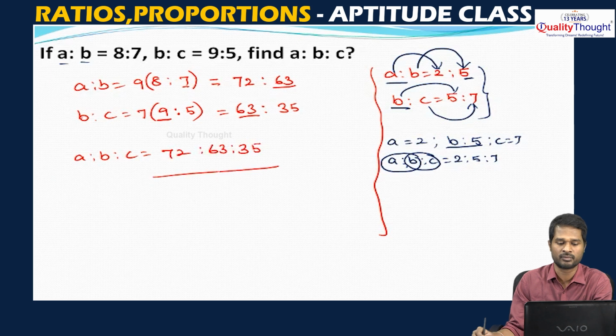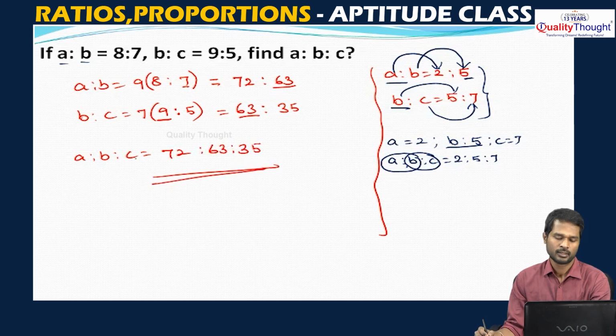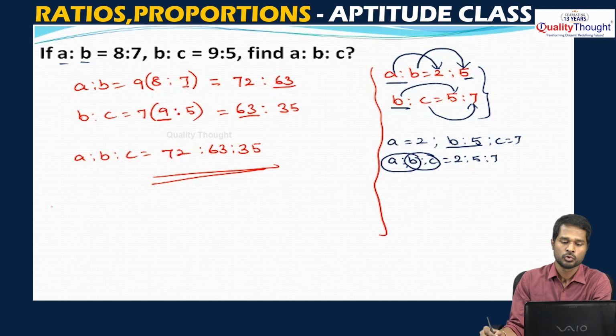This is one method of solving this question. We take the B value of the first ratio and multiply it with the second ratio, and take the B value of the second ratio and multiply it with the first ratio, so that the B value becomes equal. This is one method of solving this kind of question.